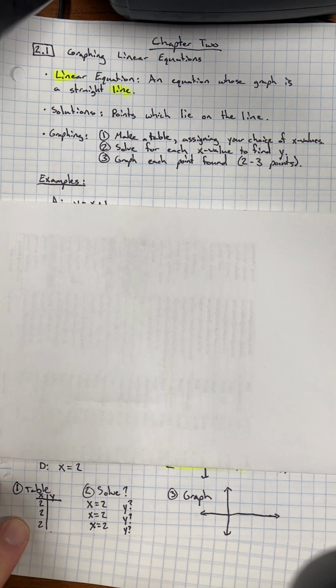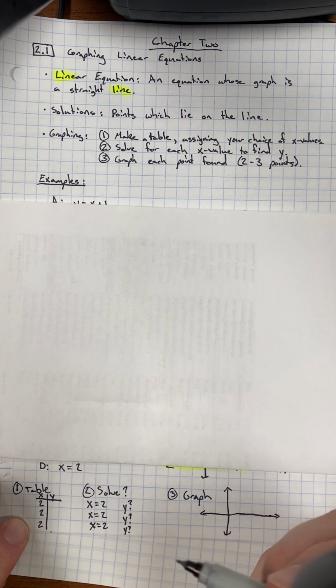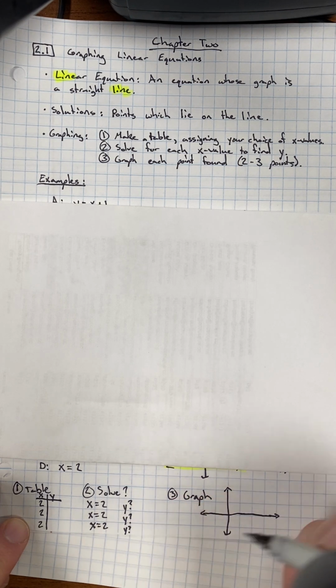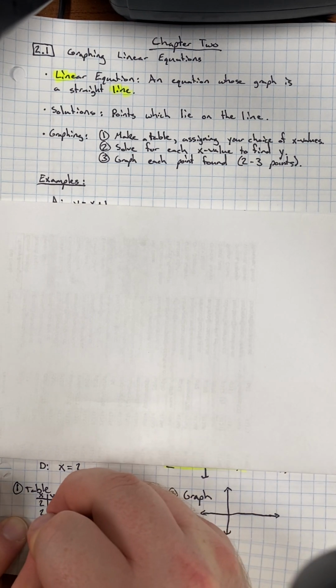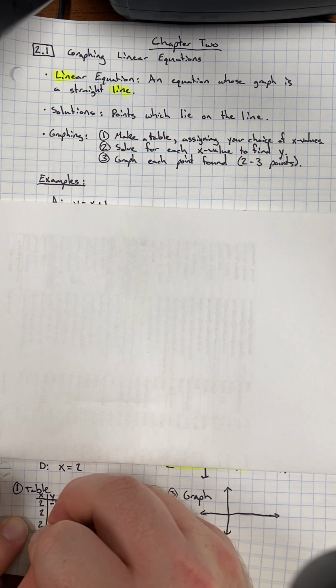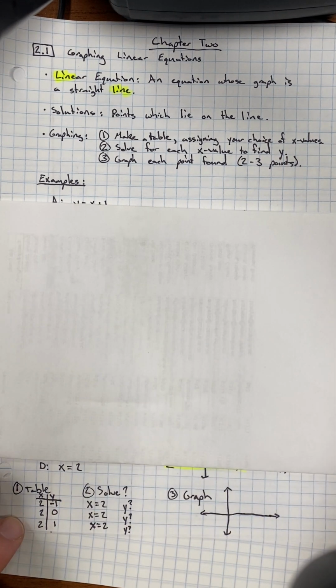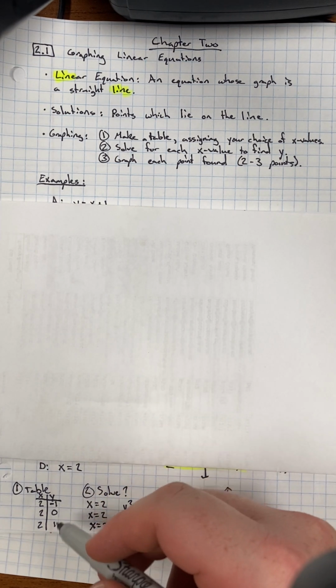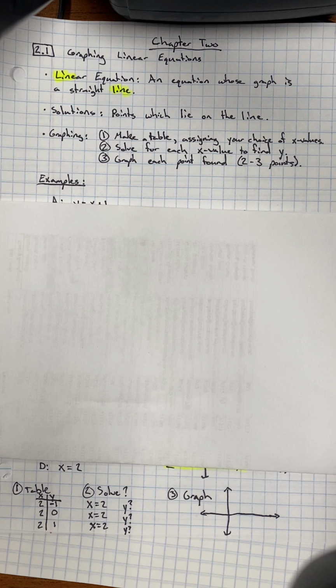It'll never be equal to 0, and it'll never be equal to 1. So x always has to be equal to 2. So then I have to ask the question, if x always equals 2, what's my y value? Well, it's the same thing as before. I can pick any y value and it doesn't change the answer. So literally, my answer could be anything. I have an infinite number of numbers that I can put as my y value.